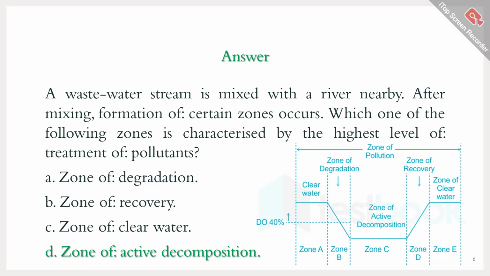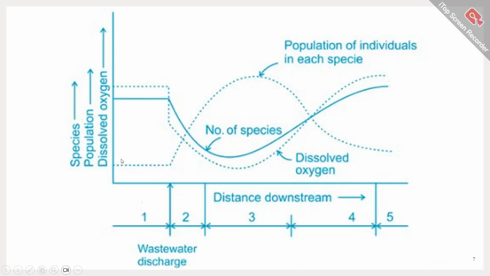Now we will understand this in a bit deeper manner with a more detailed graph. The distance downstream is plotted along the x-axis, and these three components, that is species, population, and dissolved oxygen or DO, are plotted along the y-axis.